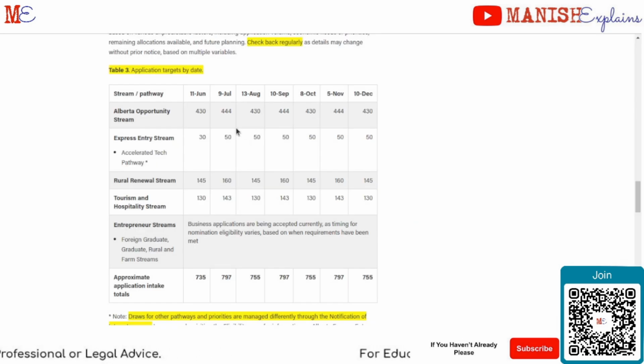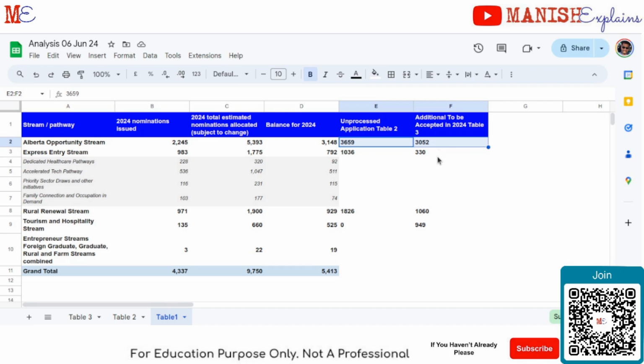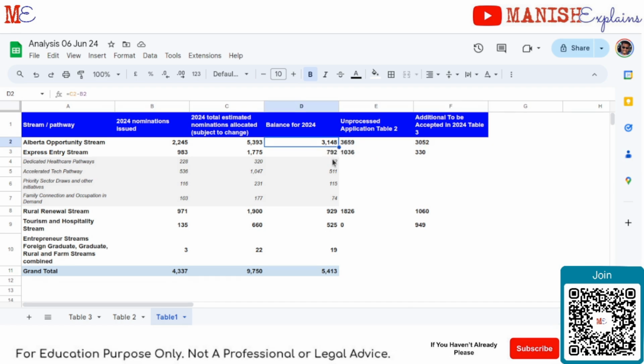So by the end of this year, the total number of applications would be more than 6,700, but they only have a balance of 3,148. This is confusing a lot of people, who think it would take close to 2 years to clear.